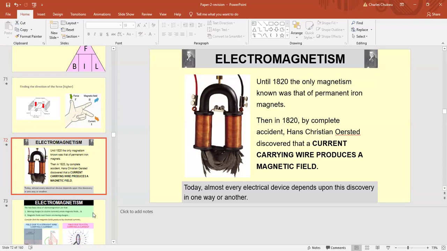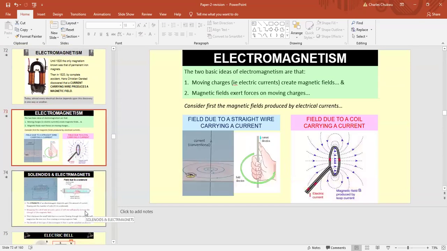He probably wasn't expecting it, but yeah, it happened. So that was a good discovery by Hans. Okay, so electromagnetism. Of course, you can see the word electro. That means electricity is involved, and that electricity is generating magnetism.